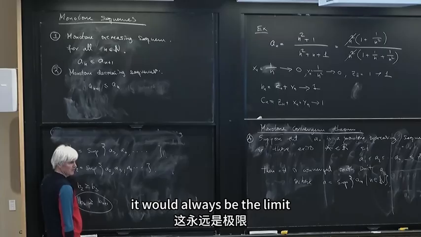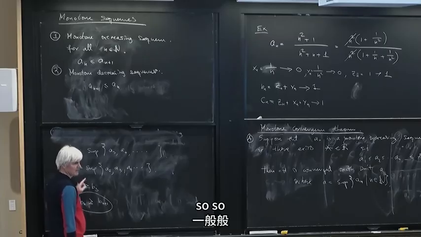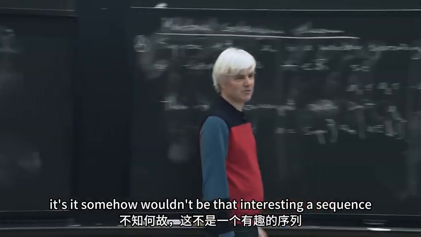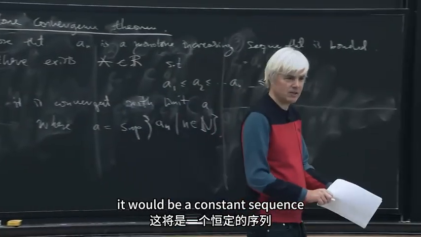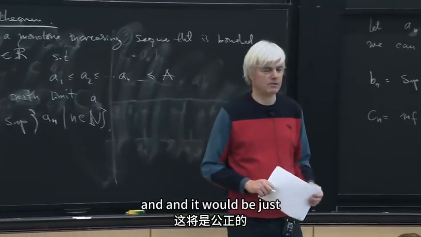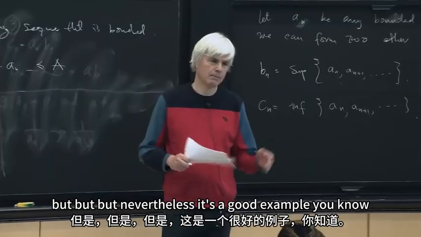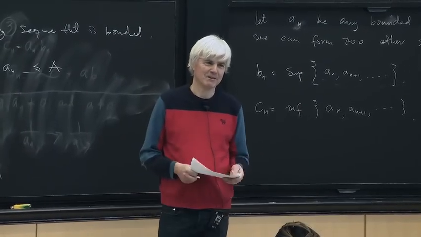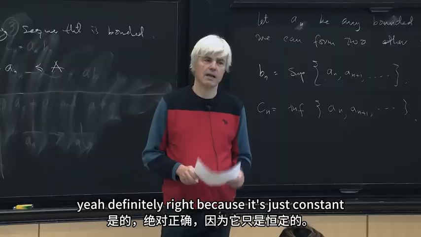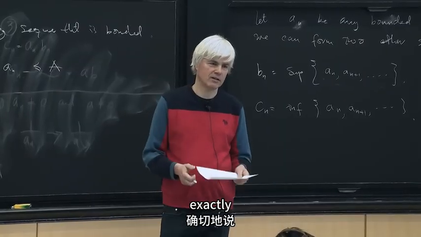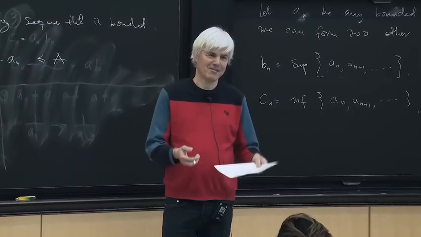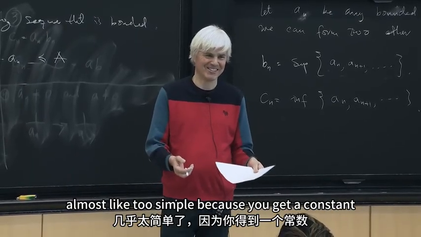It would always be the limit. So it somehow wouldn't be that interesting a sequence. It would be a constant sequence, just the limit. But nevertheless, it's a good example, and the inequality still holds, because it's just constant. It's a good example, but almost too simple because you get a constant sequence.